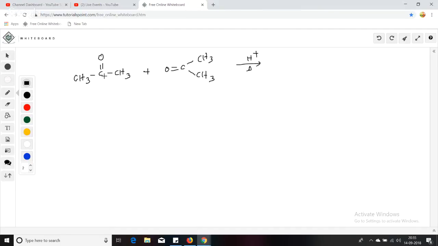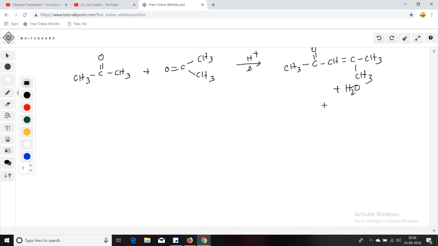Basically, this carbon and this carbon you have to join with a double bond. So the product here will be CH3 C double bond O CH, one hydrogen left, double bond C, and this has two methyl groups CH3 CH3, plus H2O. This is the product we get. Like this, you can write the product in one single step.